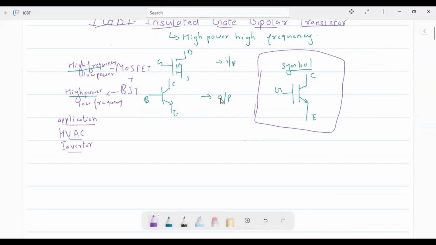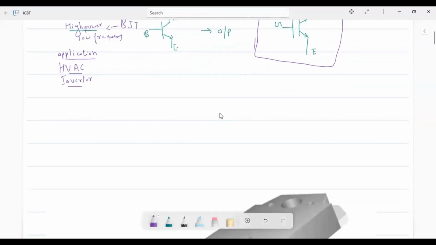So as we told, it is a combination of MOSFET and BJT. We can draw the simple working, how it works. So I will just draw one MOSFET: gate terminal, drain terminal, source. And the drain is connected to the base of one PNP transistor.